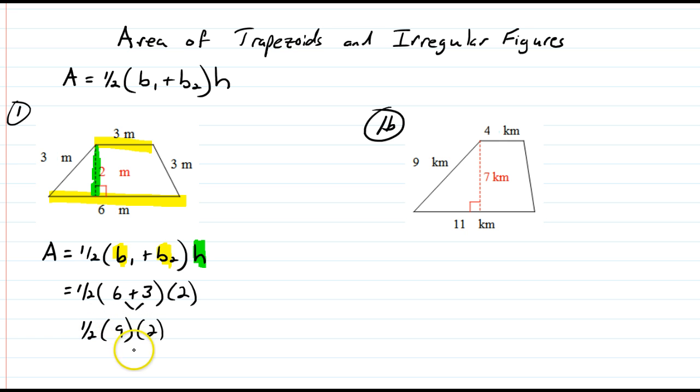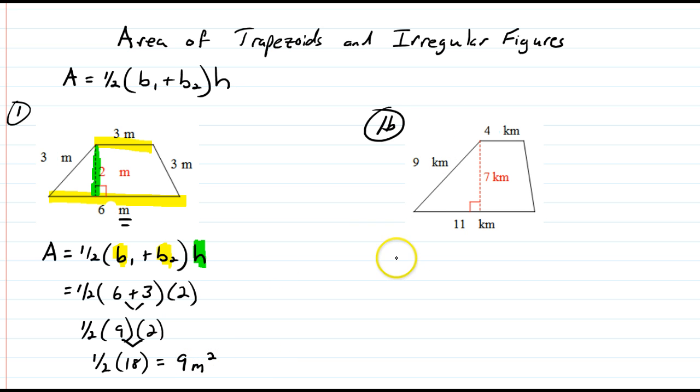And I don't want to take half of 9 and get a decimal, so I'm going to multiply these together first and get 1/2 of 18. And then half of 18 just gives us 9. And so the area of the trapezoid is going to be 9. They give us a unit, so it's going to be 9 meters squared.